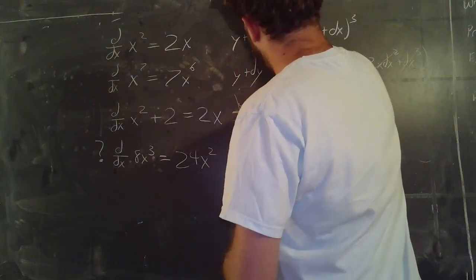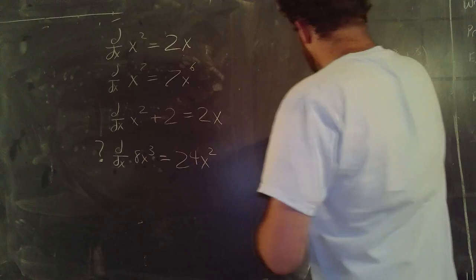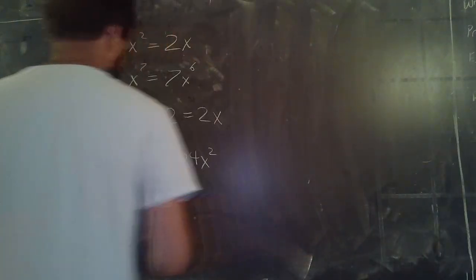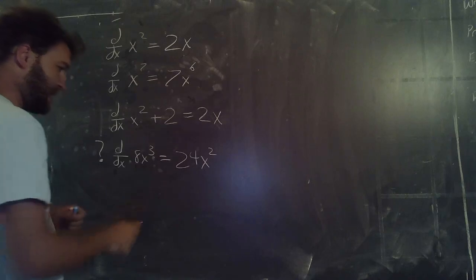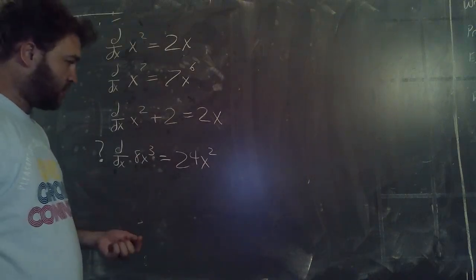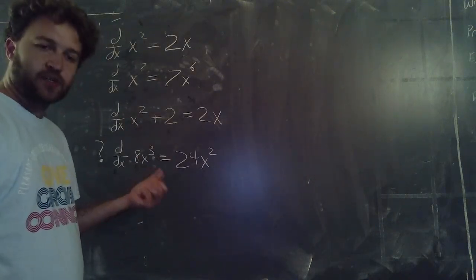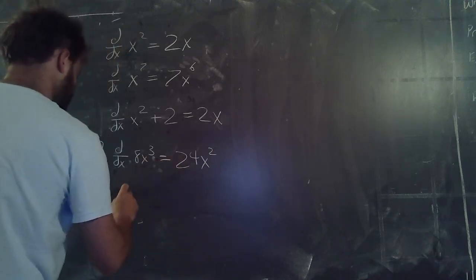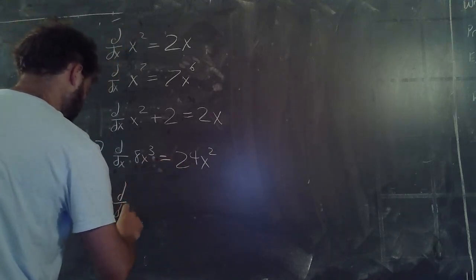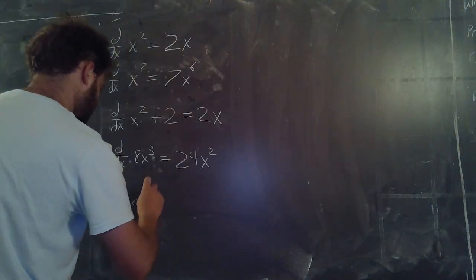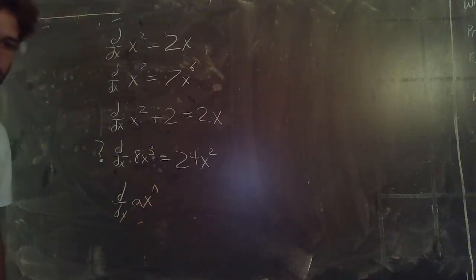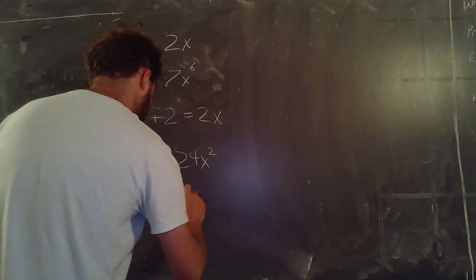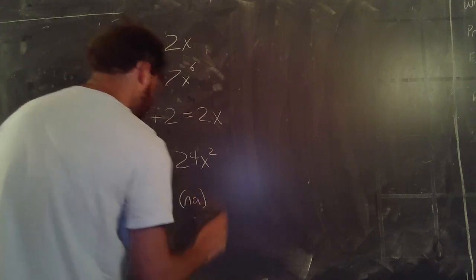Now, what we might want to write here is that we could pick any number to multiply that by, and the result would just be 3x squared scaled by that number. In other words, if we want to revise our general power rule to include the possibility of there being a constant, what we do is we multiply the coefficient times the power.